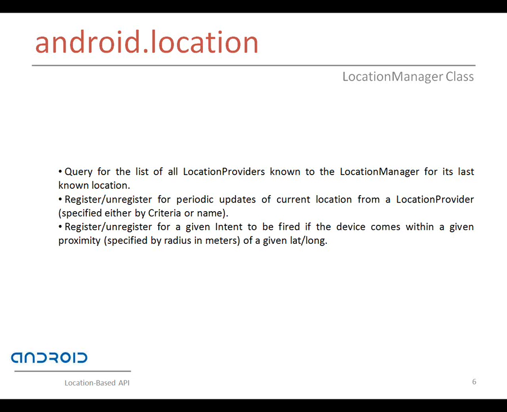Next thing that location manager provides to you: register, unregister for a given intent to be fired if the device comes within a given proximity specified by radius in meters of a given lat long. Now moving next.